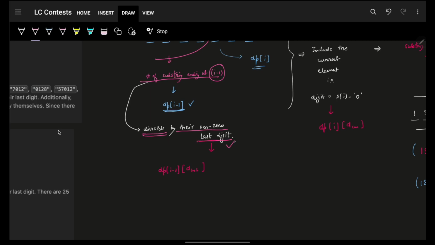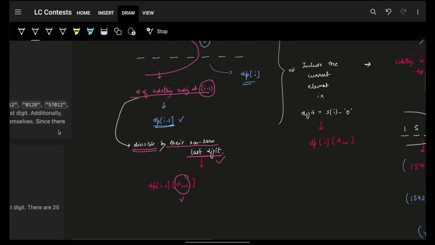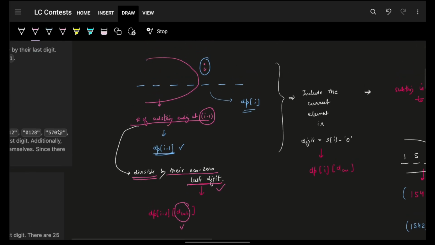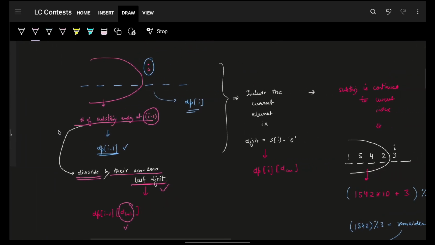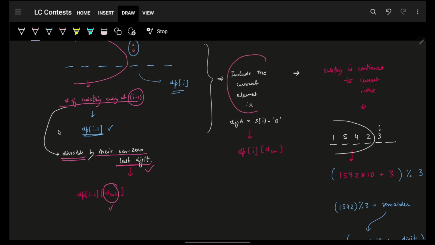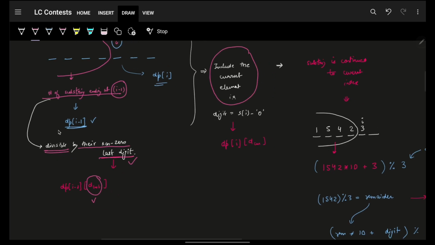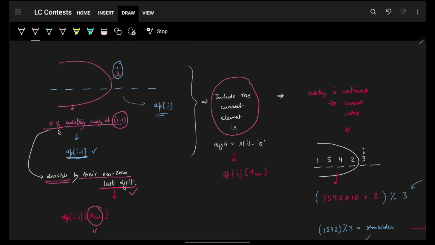Obviously, it technically says it should be divisible by their last digit, so I will also maintain a digit, right? That will help me maintain the corresponding last digit. Okay, let's proceed forward and try to build up. If I'm trying to include the current index i, I will get to know the current digit.